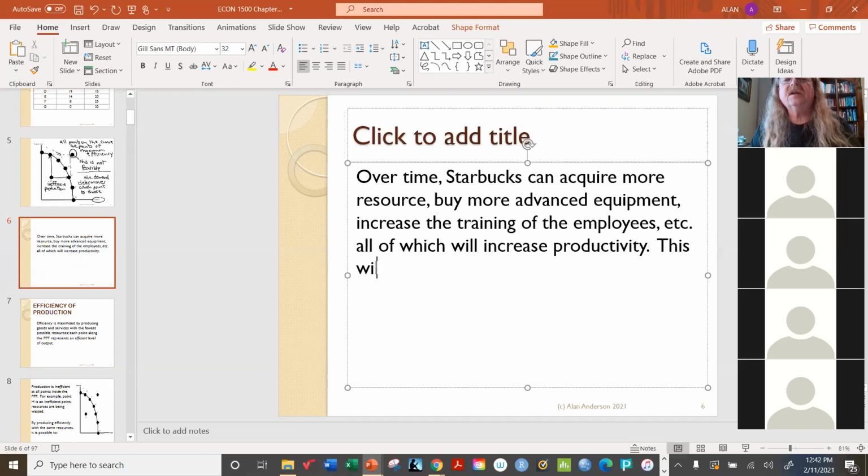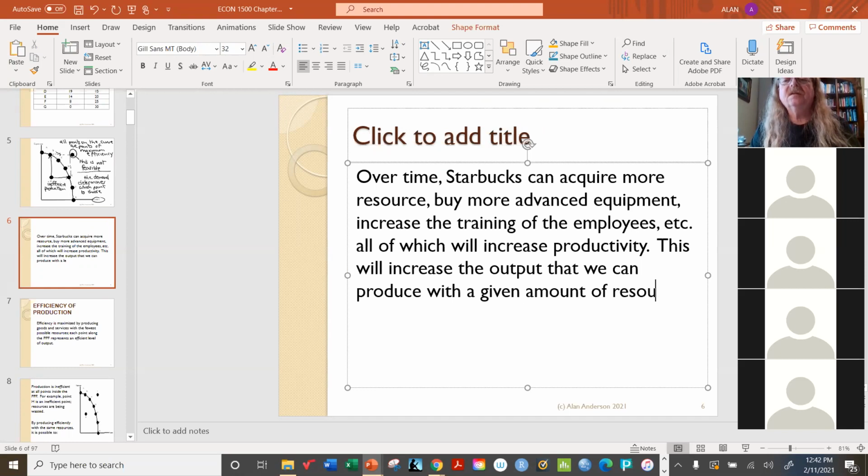This in turn will increase the output that we can produce with a given amount of resources.